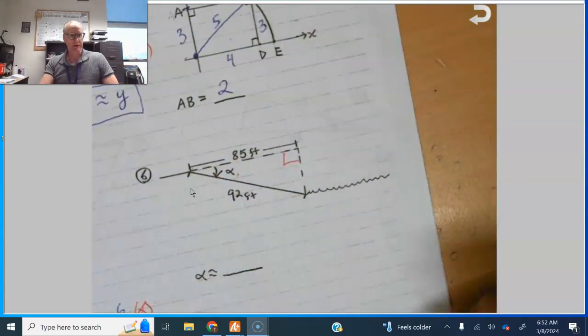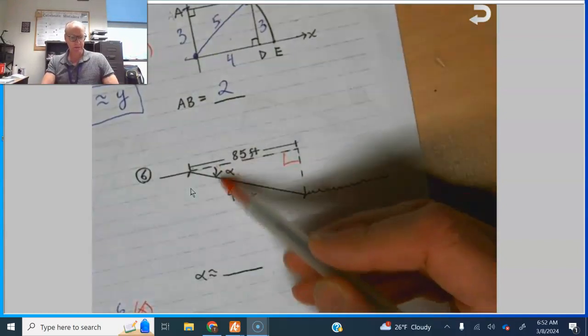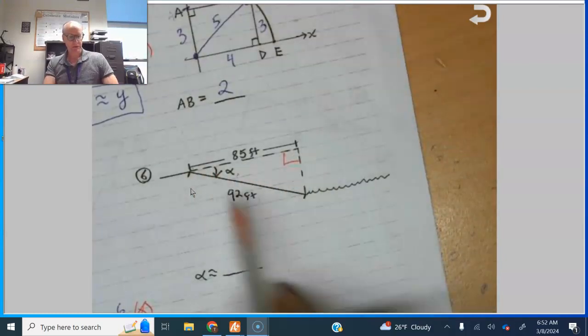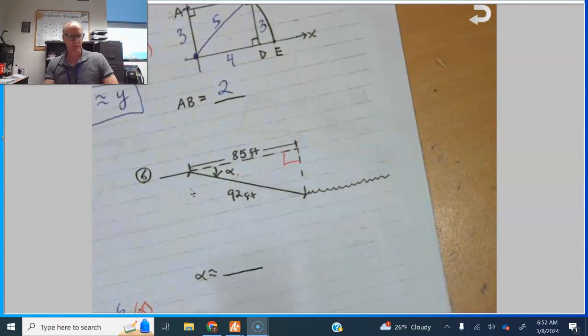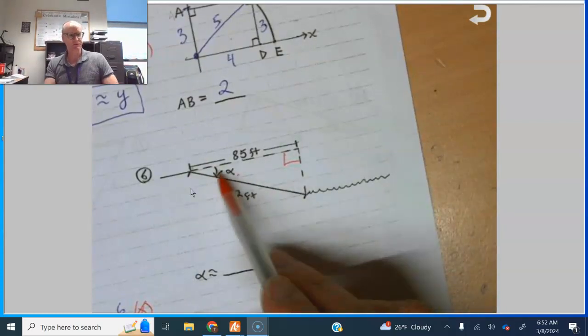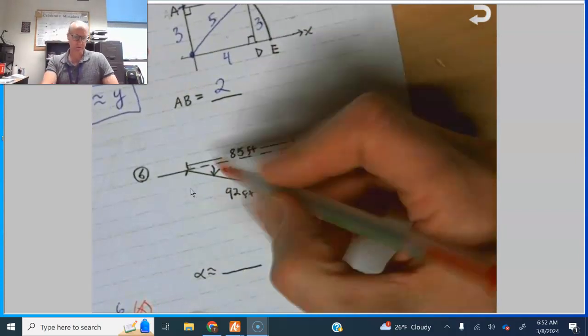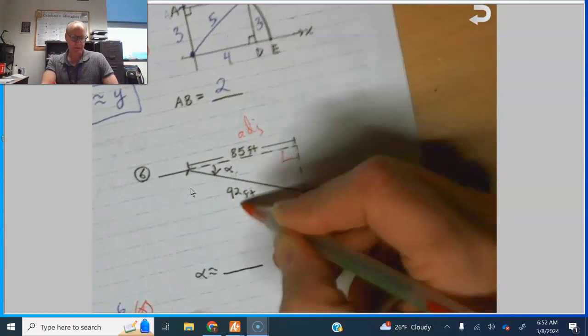And maybe we're looking for the angle of declination, given that we want to go this far out, and a ramp of this length. Maybe this is a boat ramp or something, and we need to know the angle so that we can see if it's safe or not. Anyway, this is going to be my reference angle. This is adjacent. This is hypotenuse.